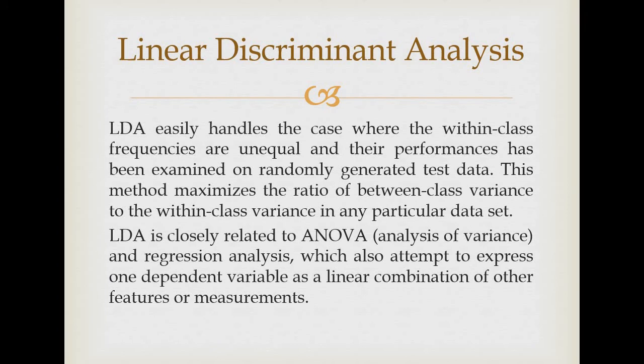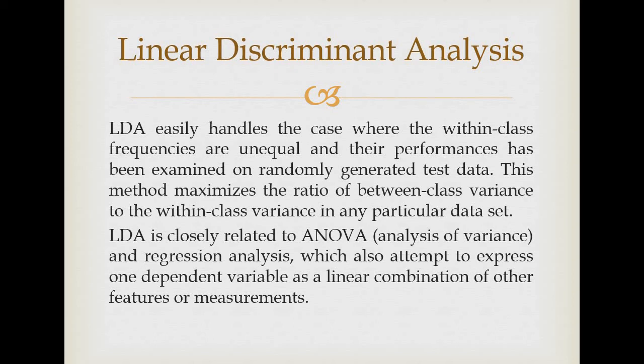Then we have linear discriminant analysis, or LDA. The LDA easily handles the case where the within class frequencies are unequal, and its performance has been examined on randomly generated data sets. This method maximizes the ratio of between class variance to within class variance in any particular data set.